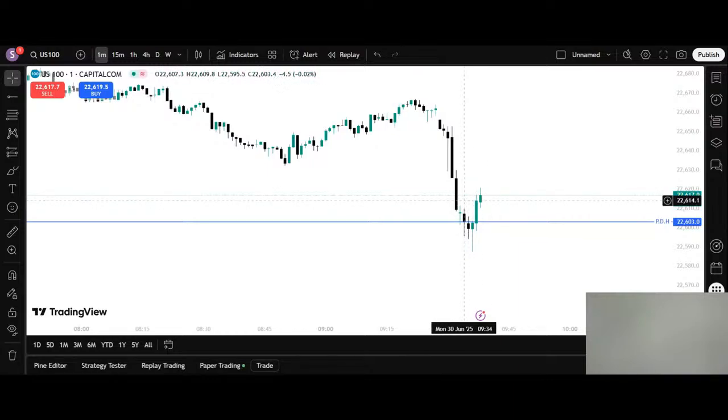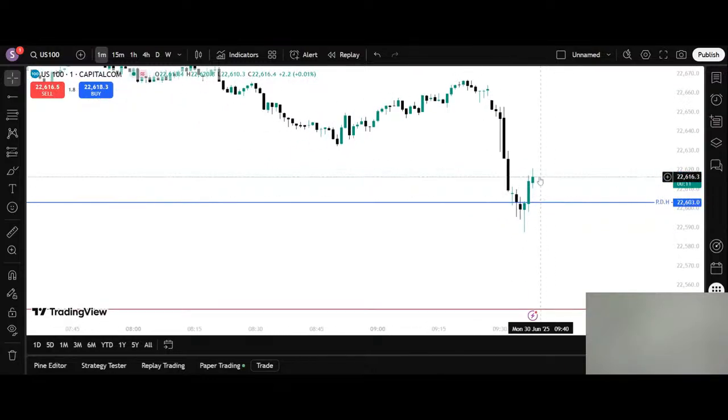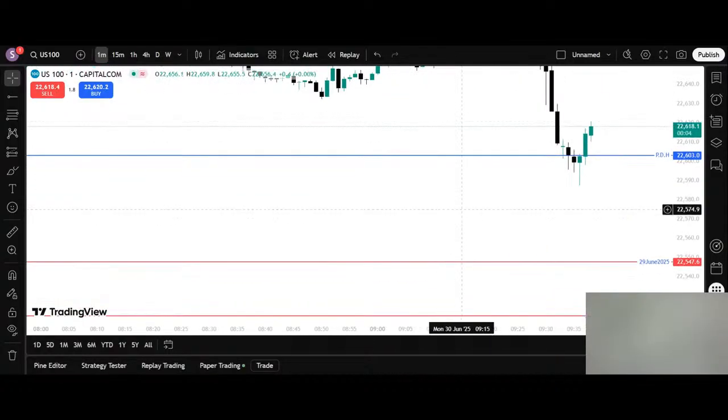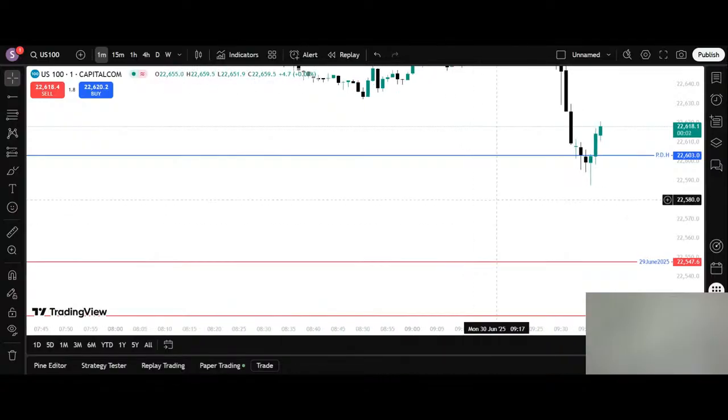It's digging into that bearish FVG over here, as you can see. To be honest, I really think it's gonna go down, but I'm gonna wait for the higher time frame candle to close.